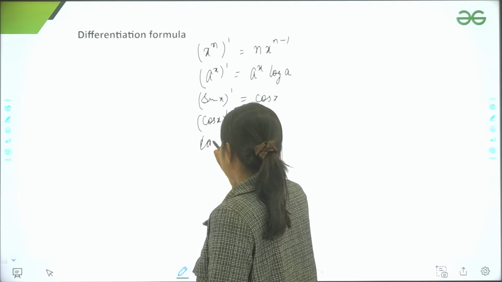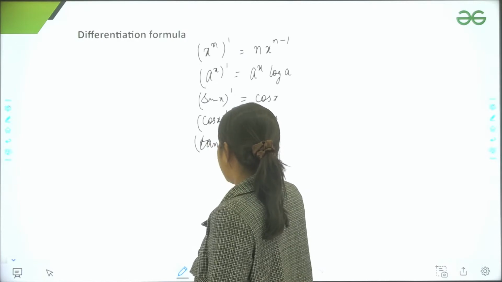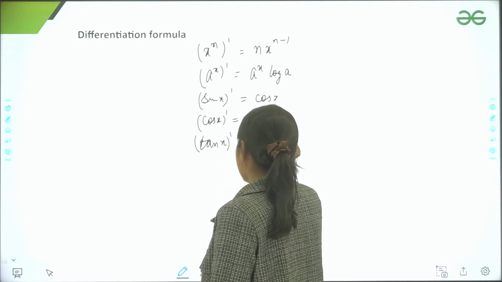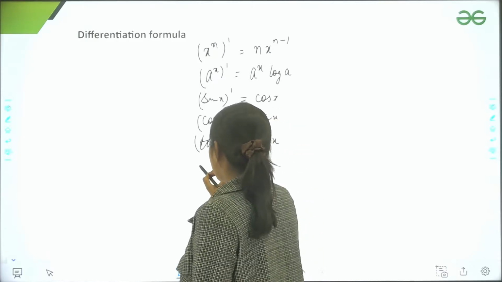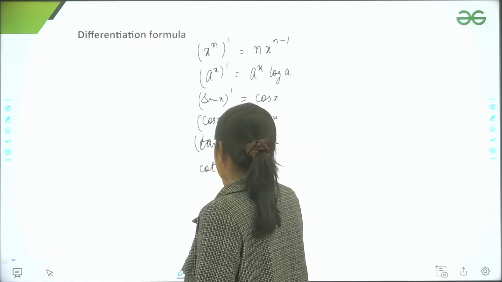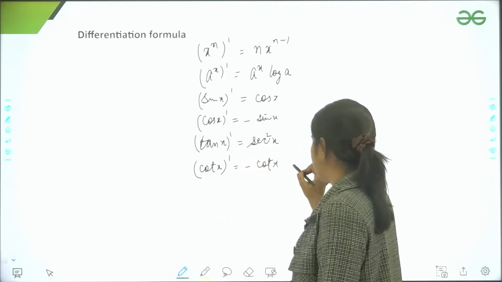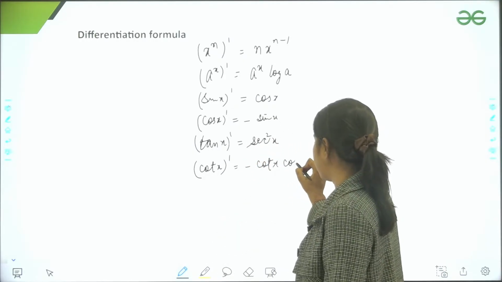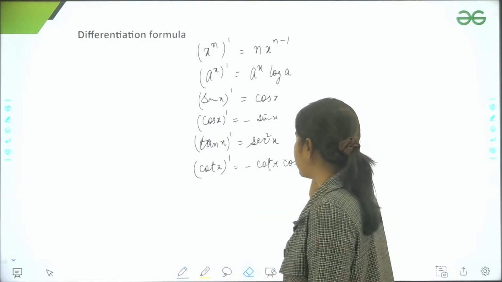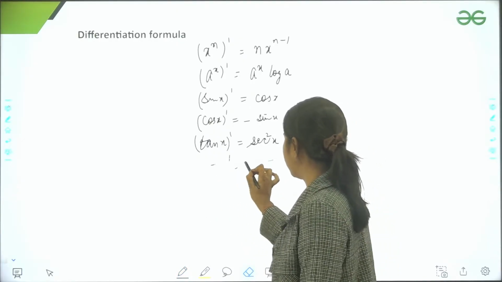Differentiation of tan x is sec square x, and differentiation of cot x is minus cosec square x. Just check these differentiation formulas. Just a minute.